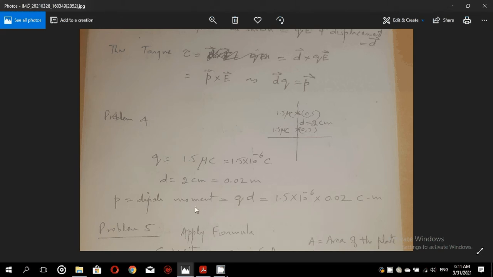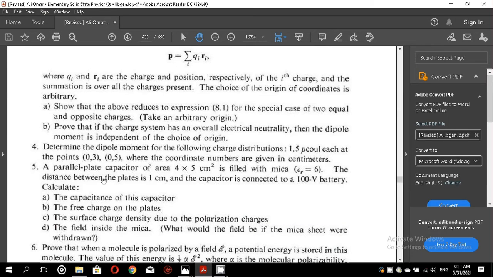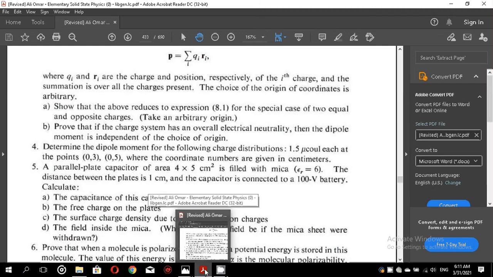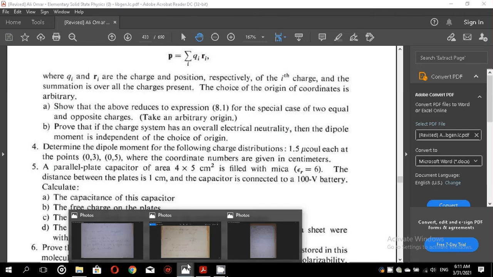Okay, similarly for problem number 5, a parallel plate capacitor of area this is filled with mica. The distance between the plates is 1 centimeter, and the capacitor is connected to a 100-volt battery. Calculate the capacitance of this capacitor. We will use a very basic formula for the capacitance here.